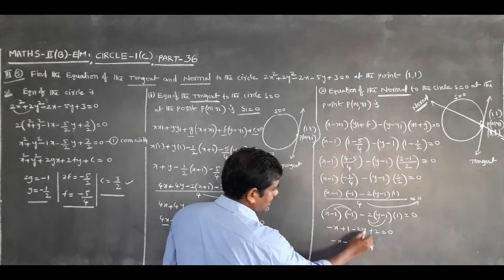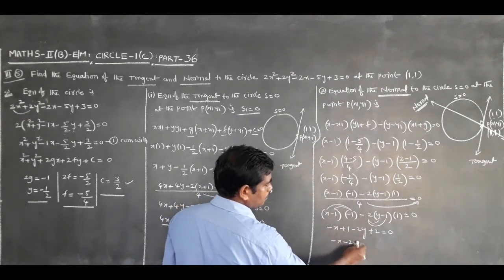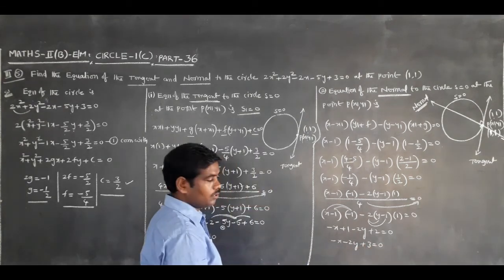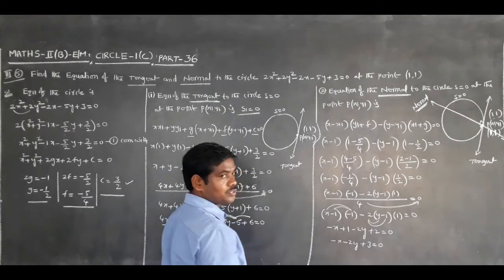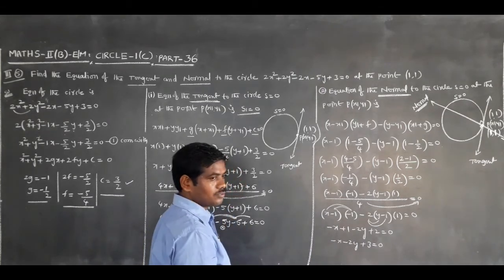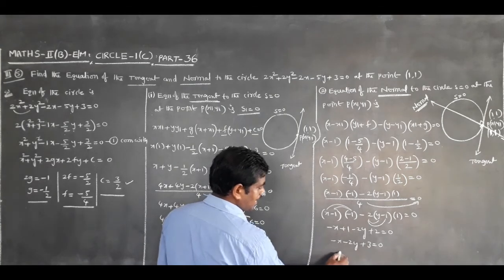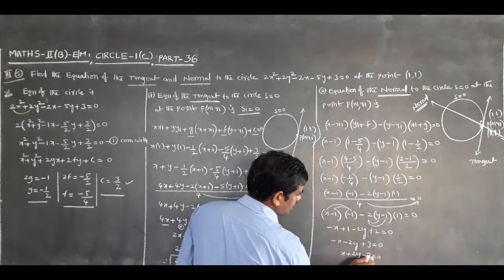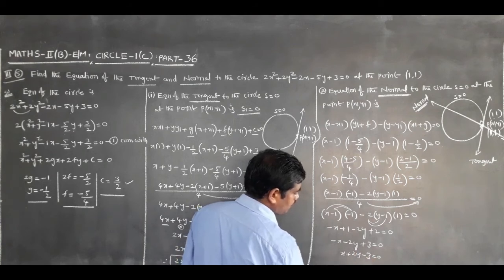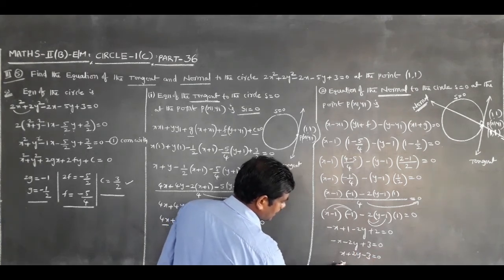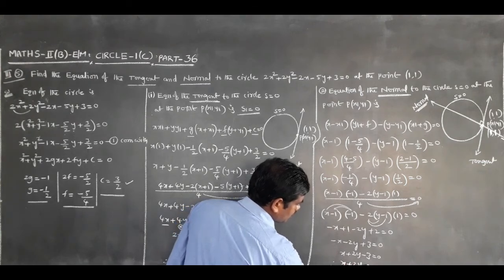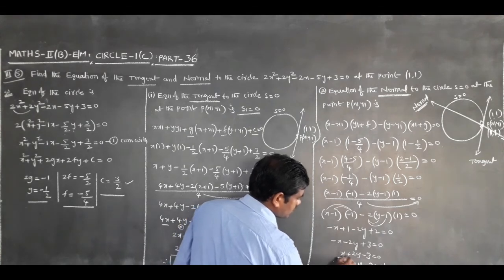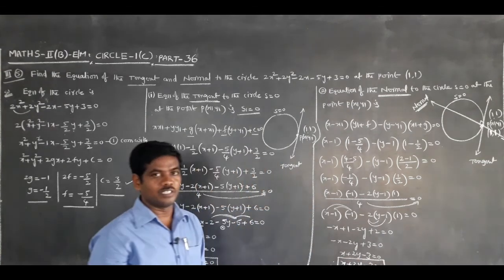Minus x minus 2y plus 2 plus 1 is 3, so minus x minus 2y plus 3 is equal to 0. Multiply with minus: x plus 2y minus 3 is equal to 0. Therefore, x plus 2y minus 3 is equal to 0, which is the required equation.